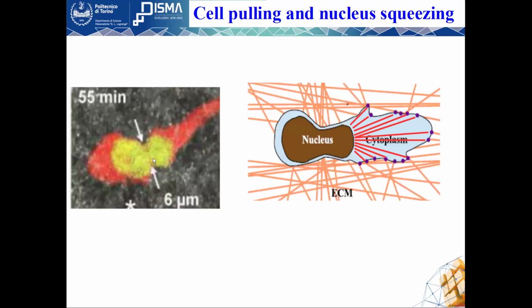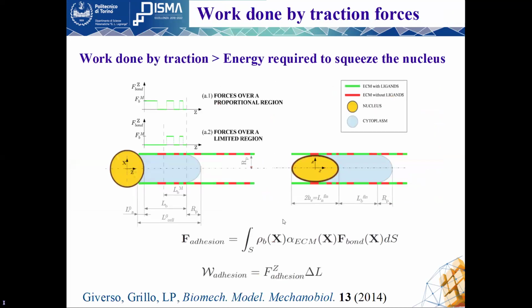This is the picture of the cell, the sketch done by biologists. I will simplify even more as a mathematician, and I will look at a cell with an initially spherical nucleus that wants to enter a microchannel. The idea here is that in order to penetrate, I have to squeeze the nucleus.